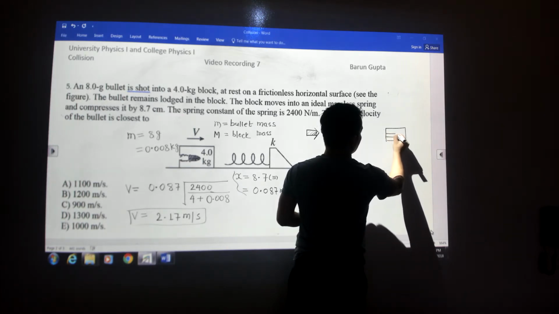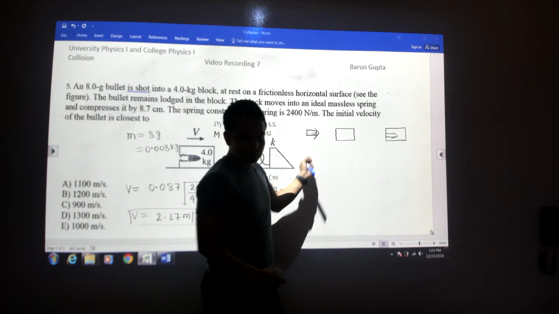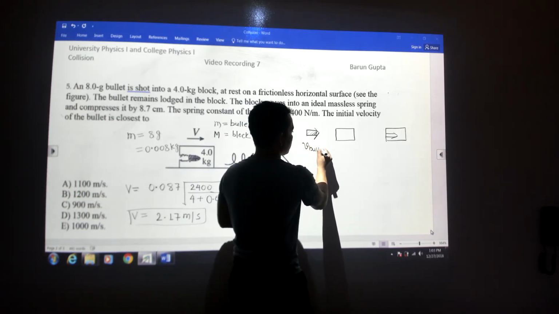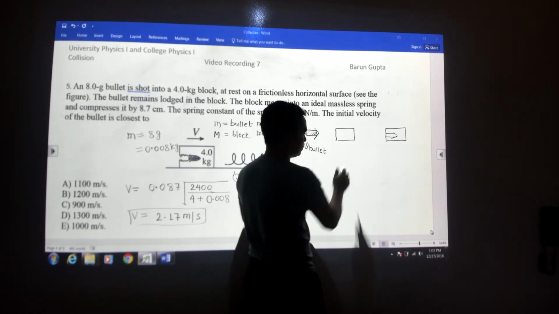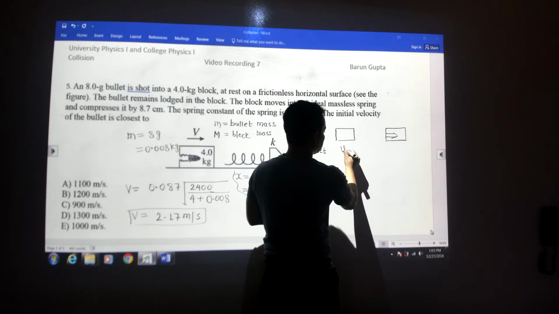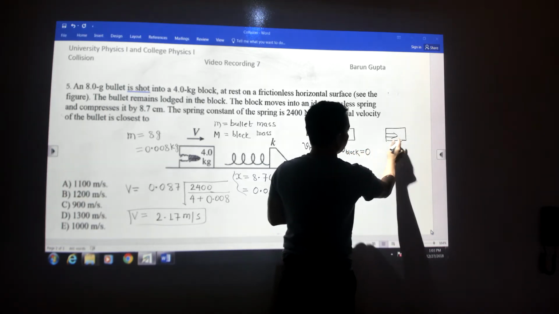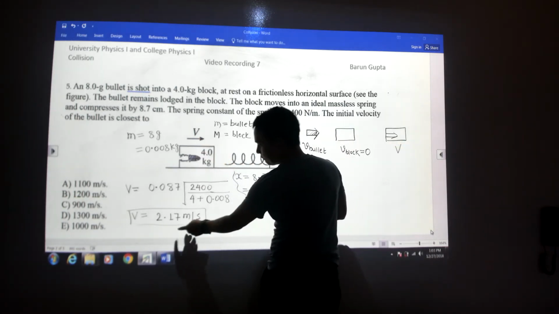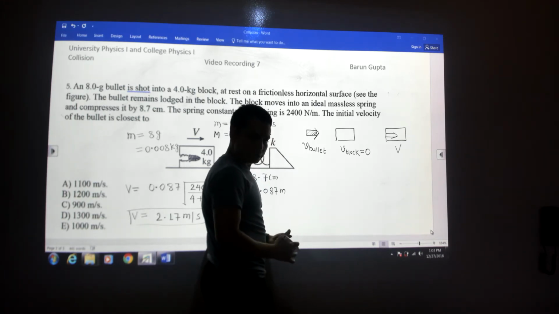So let's say the velocity of the bullet is v bullet, and the block was sitting stationary. So this is at rest. The velocity of the block is equal to 0, and this velocity is v, as given there, and we already found it out.